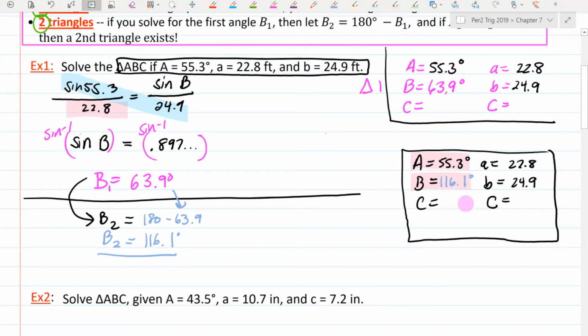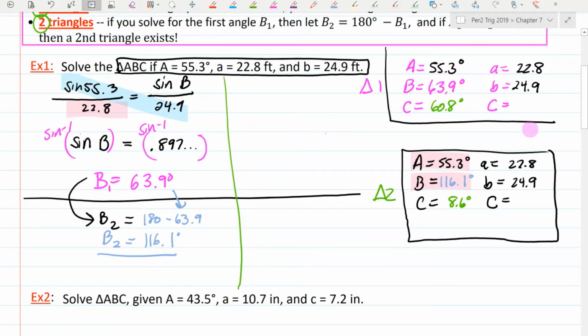It would be impossible because you can't have an angle C in that case. But because these two angles are not over 180, that means that we will have a second triangle, and that second triangle will have a C value of 8.6 degrees because these add up to 180. This C value right here at the top for the first triangle is 60.8 degrees because those three add up to 180.